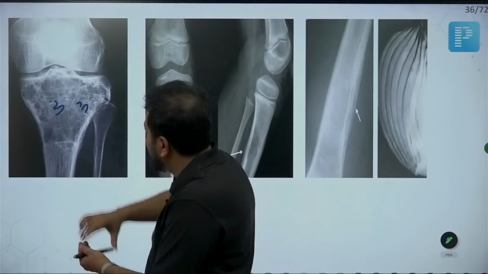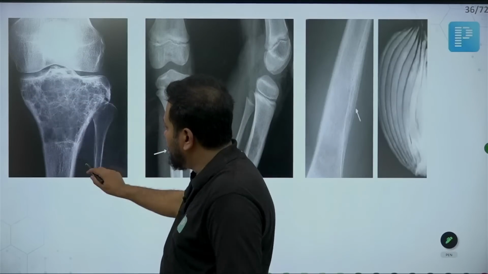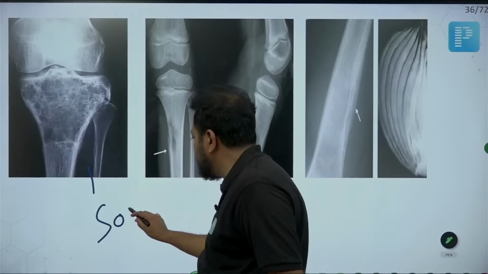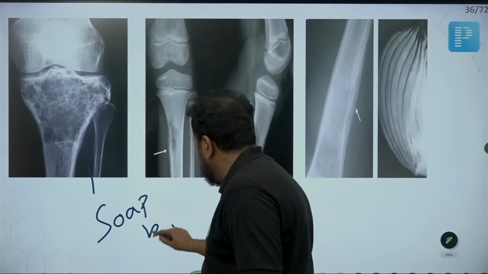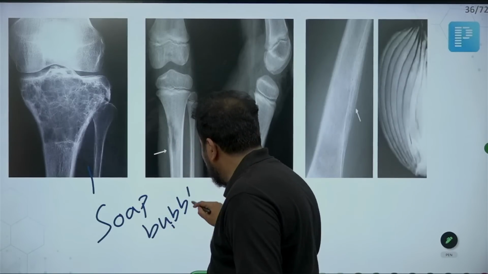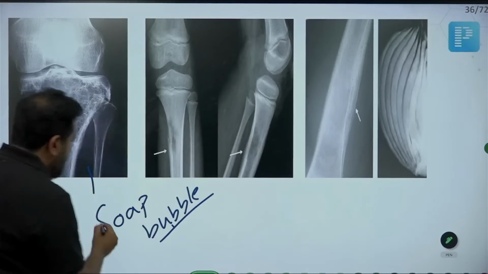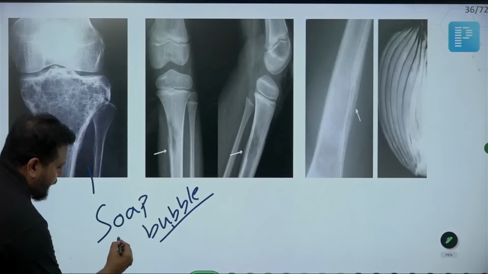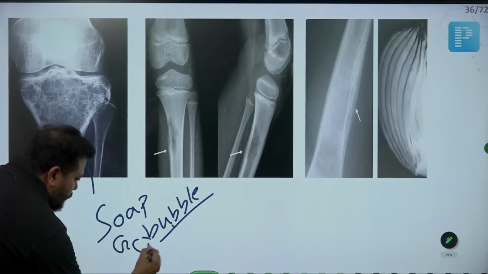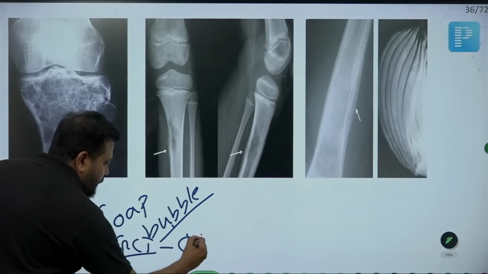Yes or no? See? This is called the classical soap bubble appearance. Soap bubble appearance is characteristic of giant cell tumor, GCT, otherwise called osteoclastoma.